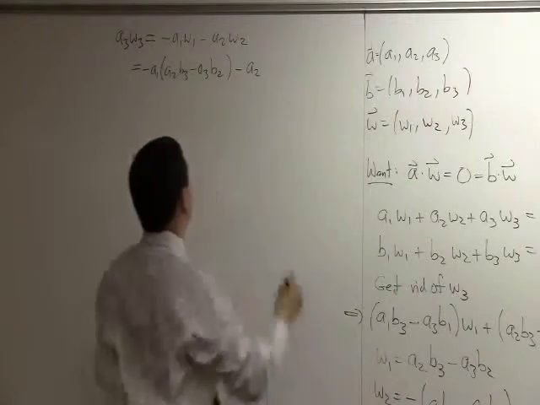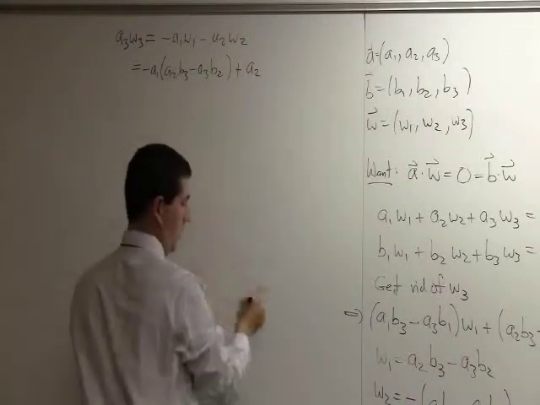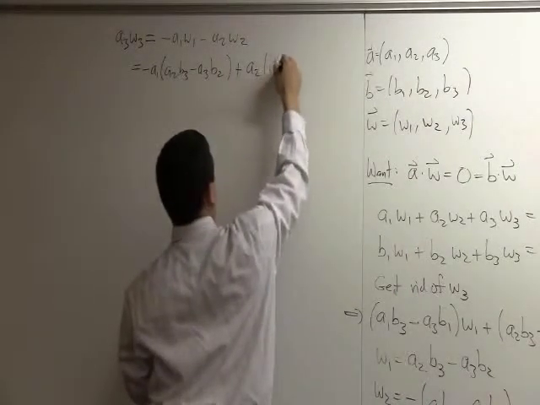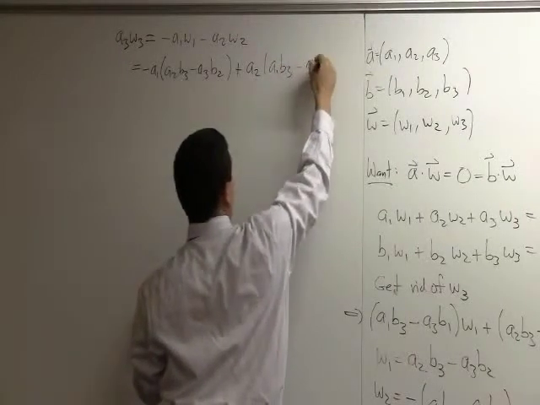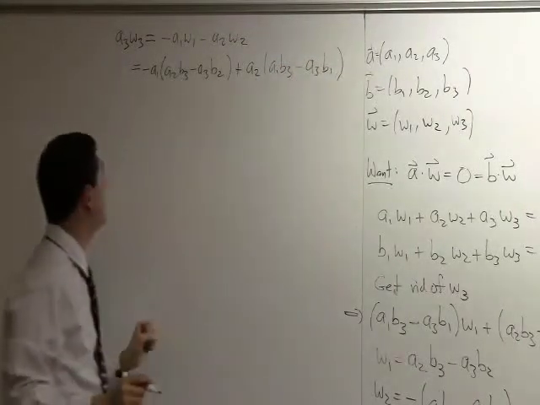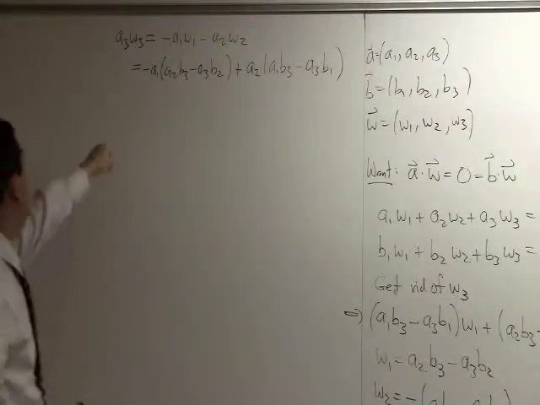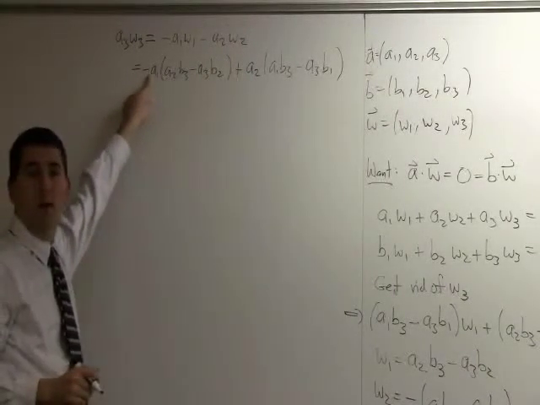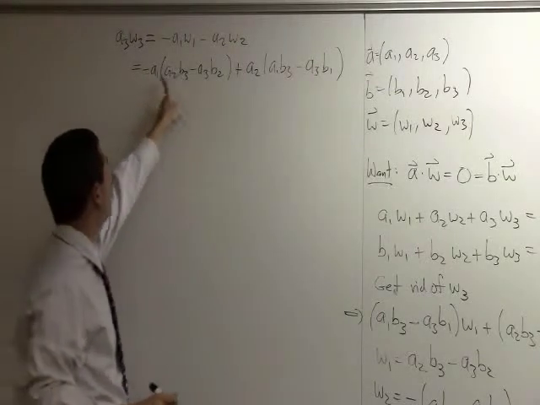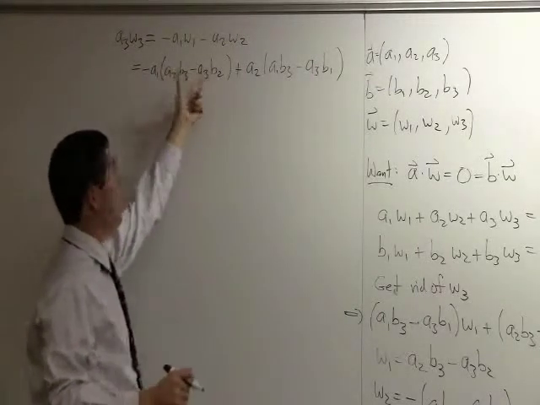And W2 has another minus, so let me put a plus. And this becomes A1B3 minus A3B1. And I don't like this minus here, so I'm going to put it inside. And to put it inside, I just have to swap these.